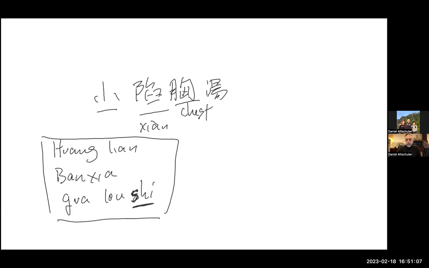And we have Da Huang. Okay, Da Huang is a very important herb. It's bitter, it's cold, and therefore it has strong effects. So you don't want to use this herb lightly.